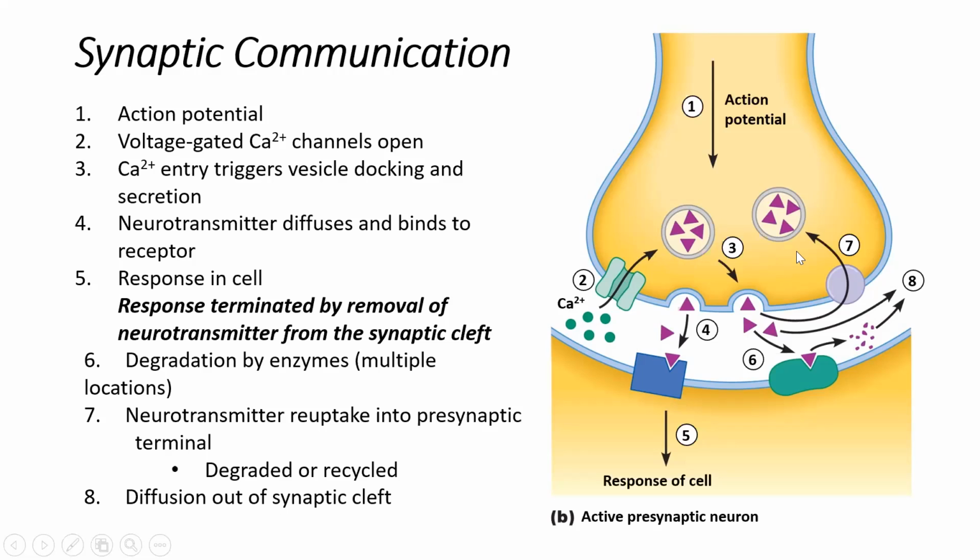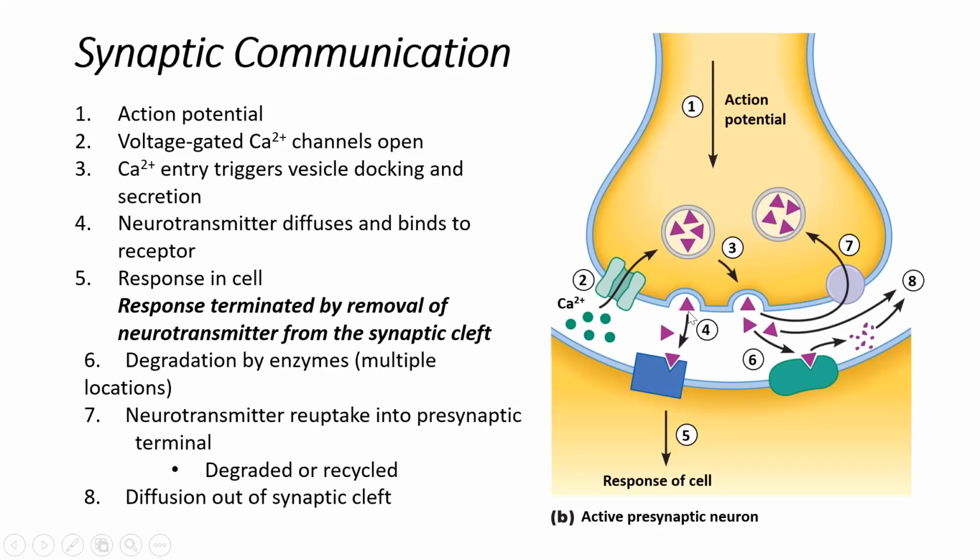That is essentially exocytosis, so the docking of this vesicle with the membrane of the axon terminal itself and the emptying of the neurotransmitter into the junction. It will travel across the synapse, and I'm using the word synapse and junction interchangeably, just to avoid any confusion, those have the same meaning.